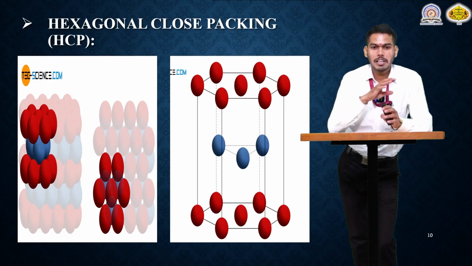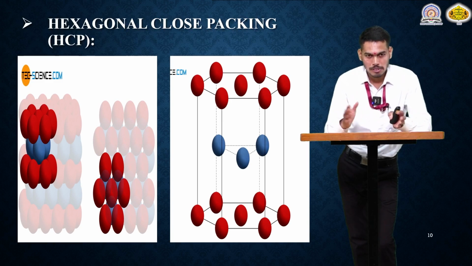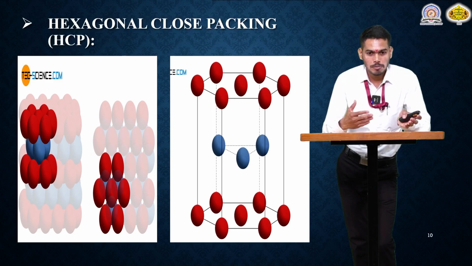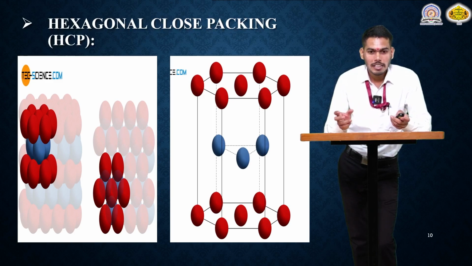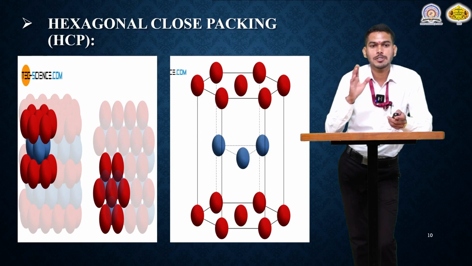The arrangements are quite similar, but not exactly the same. So hexagonal crystal packing is different from the cubic system, and the arrangement of atoms differs in different crystal systems.